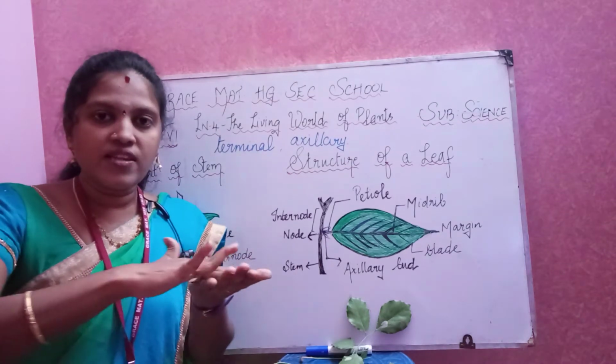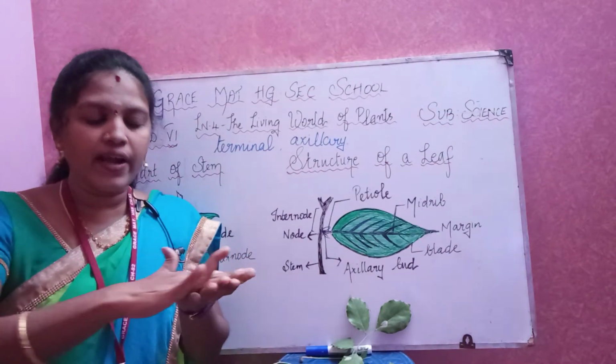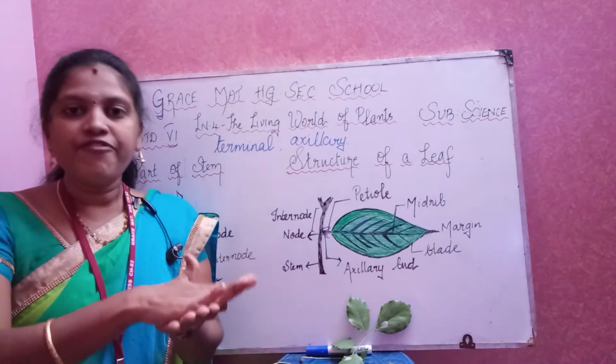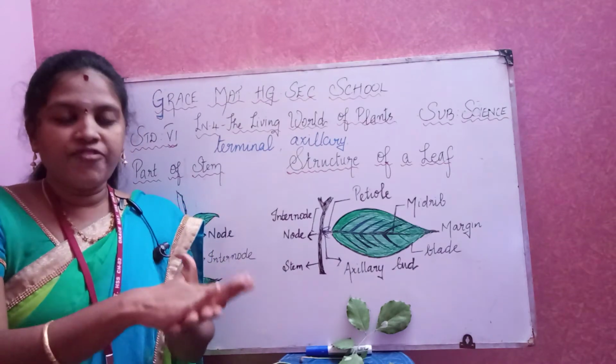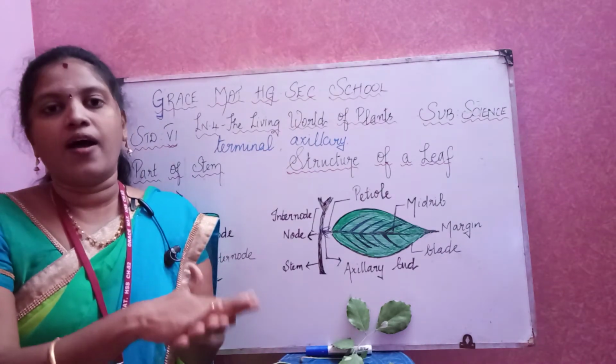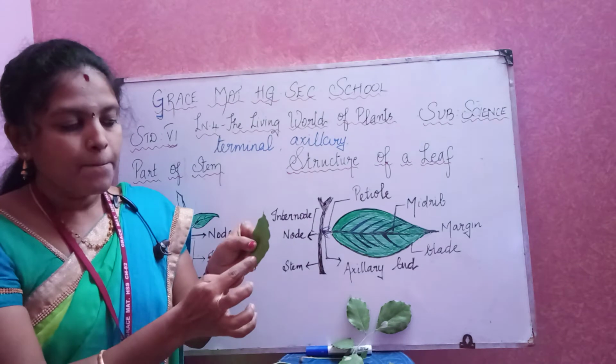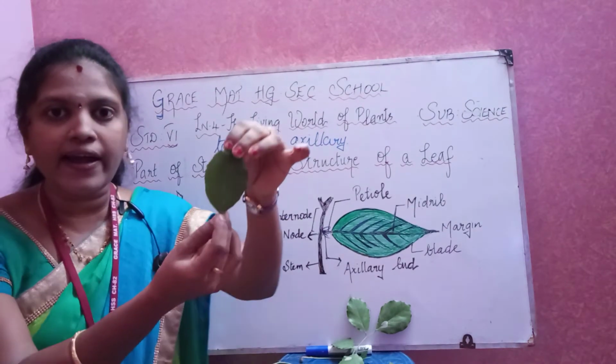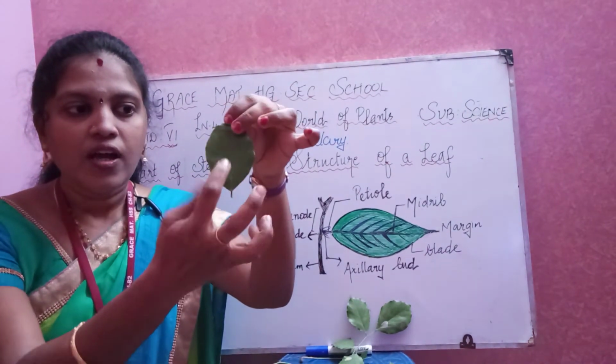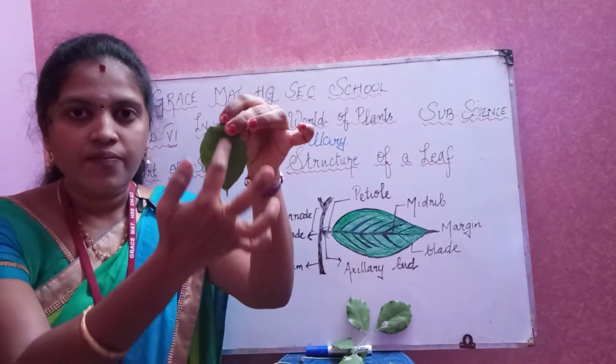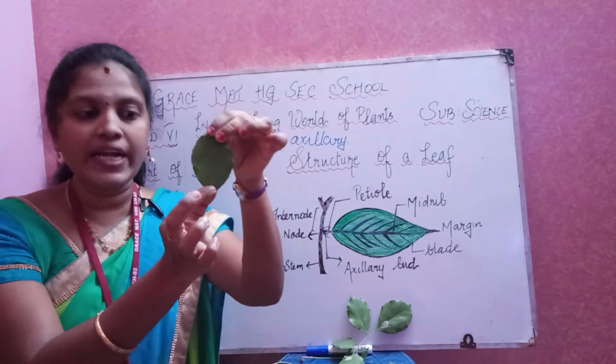Next, you could see this. What is this, children? This is the leaf blade. Leaf blade is otherwise called lamina. Next, you could see the main line, right? Yes, children. You could see the straight line. This is called the midrib.